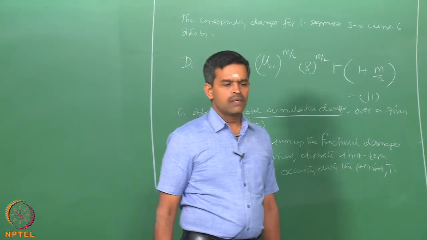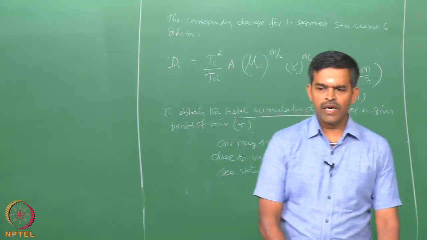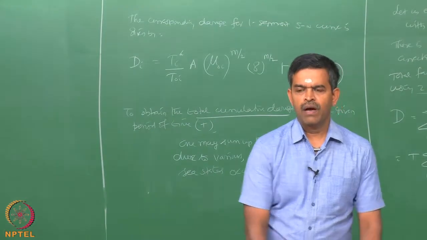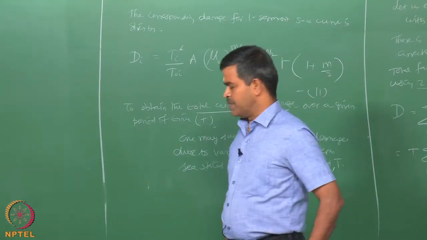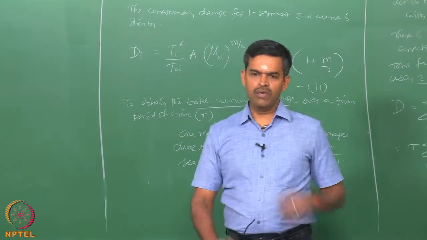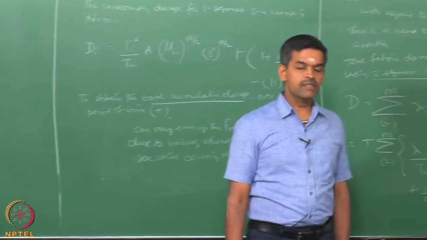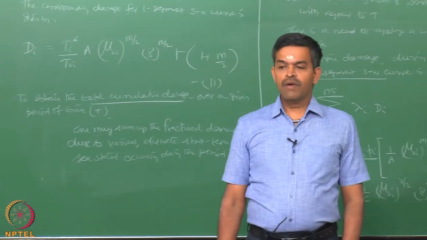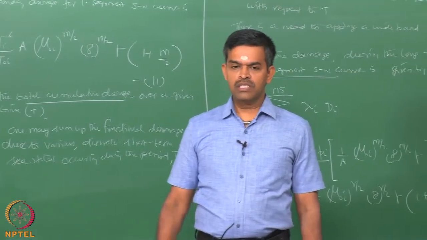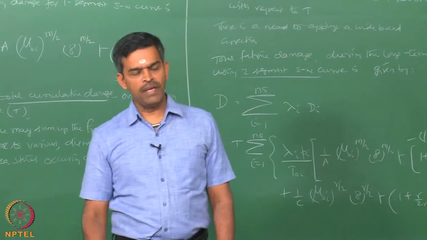So, friends, in this lecture we have tried to understand how the fatigue assessments can be easily modeled using spectral estimates. We have also seen how a simplified fatigue estimate can be replaced.